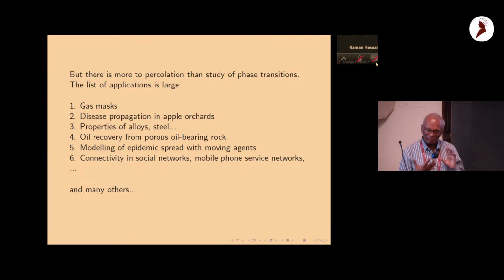But what these people found is that if you put too few carbon particles, of course it doesn't work well. If you put too many, it doesn't let gas through. Air cannot pass through, and it becomes an impenetrable sheet. So there is some density beyond which it doesn't work, below which it works, and you like to be close to that, because you want to put in as many carbon particles as possible to keep it effective.